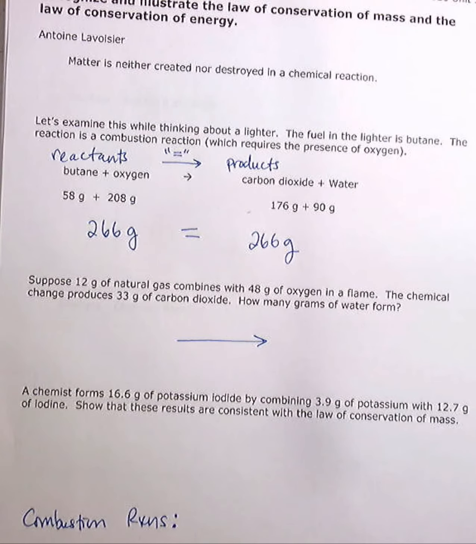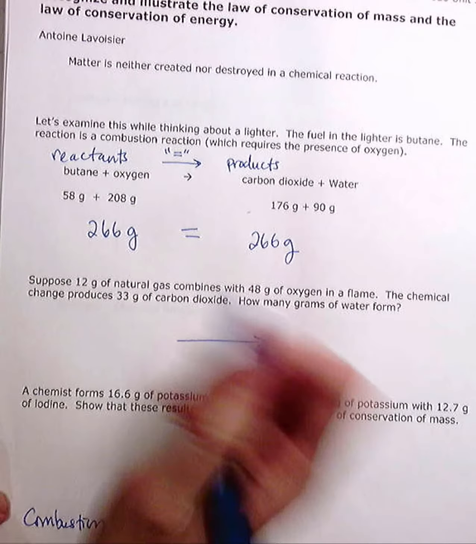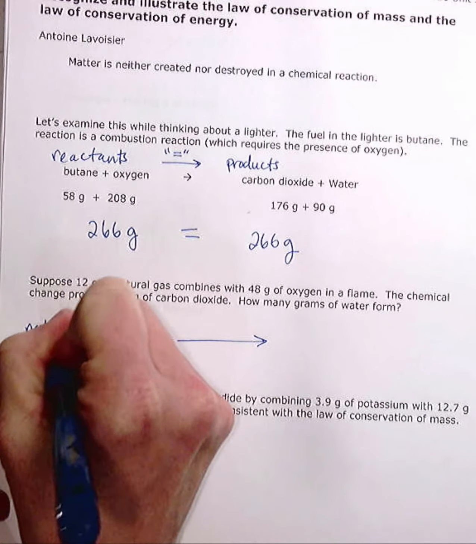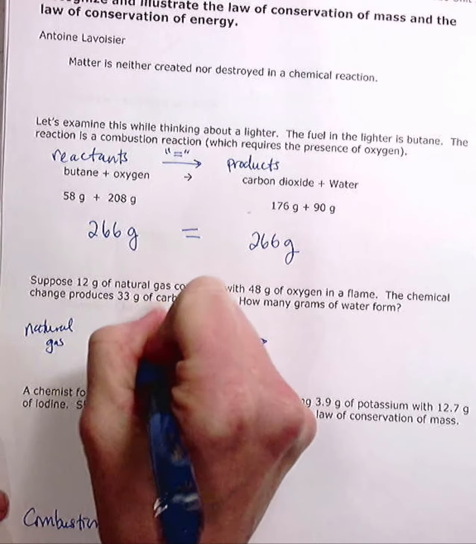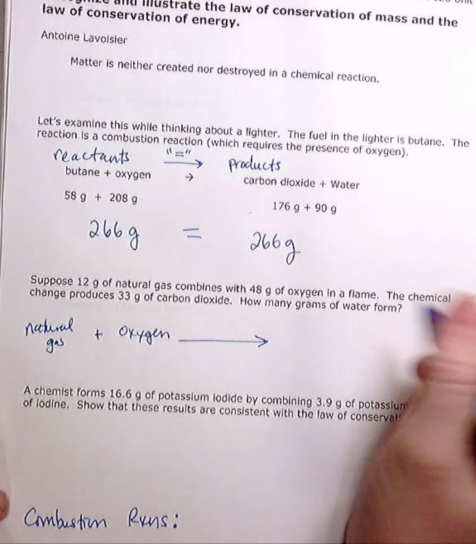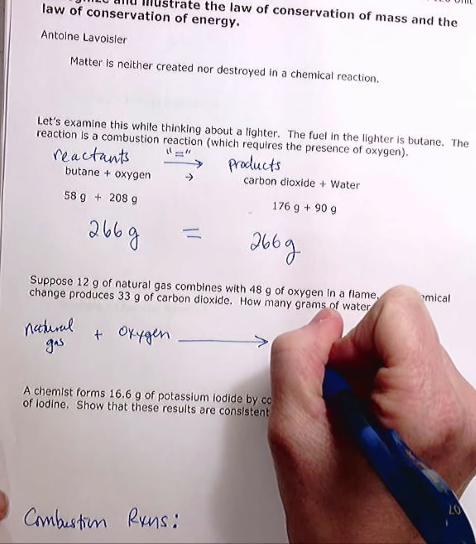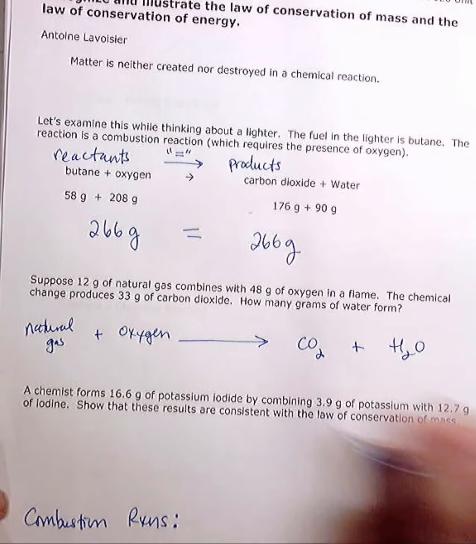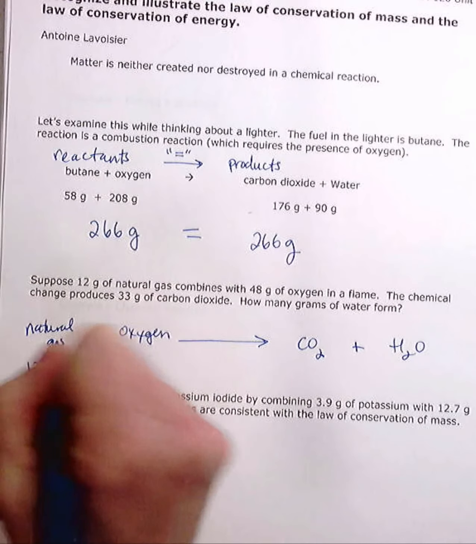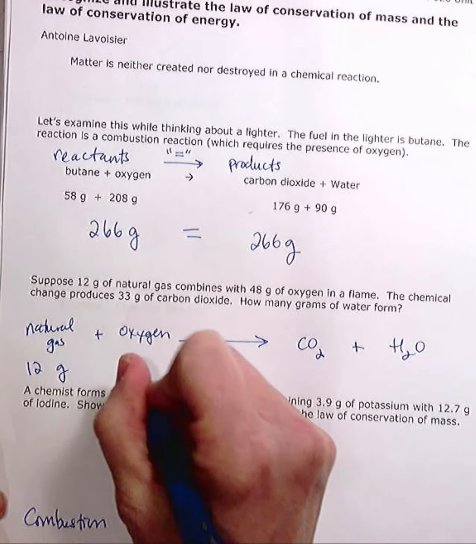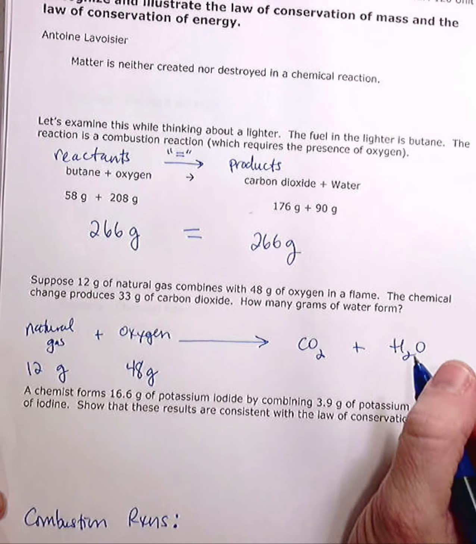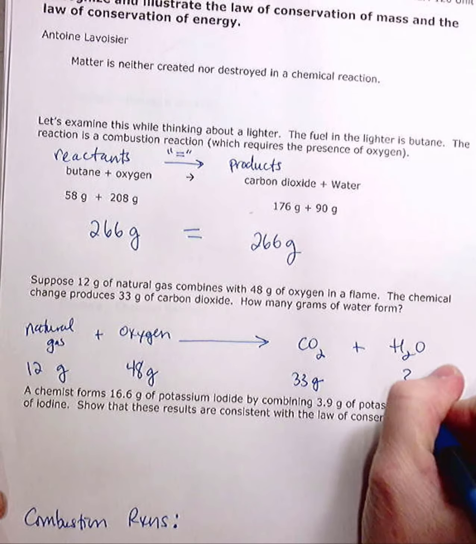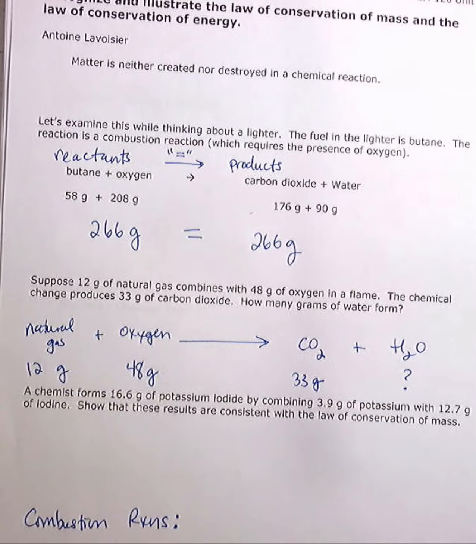So 12 grams of natural gas combining with oxygen to produce carbon dioxide, which is CO2, and water. 12 grams of natural gas, 48 grams of oxygen, 33 grams of carbon dioxide, and the question is, how much water will form?